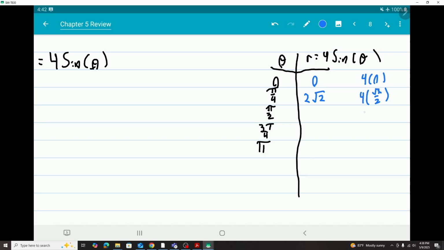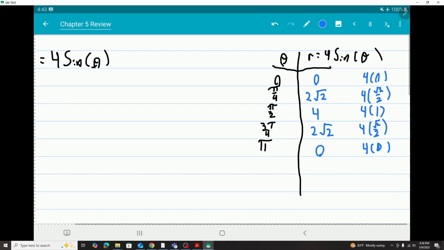Sine of pi over 2 is a perfect 1, so we get 4. At 3 pi over 4, we arc back down and get 2 times the square root of 2. And then 4 times sine of pi, sine of pi is 0, so we go back down to 0.